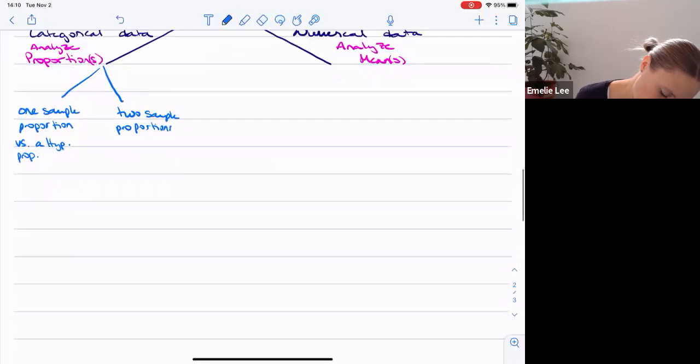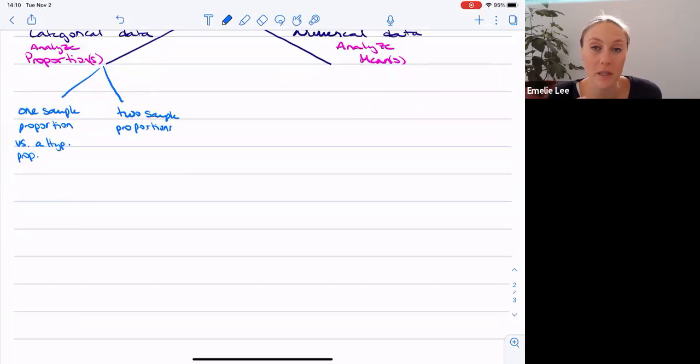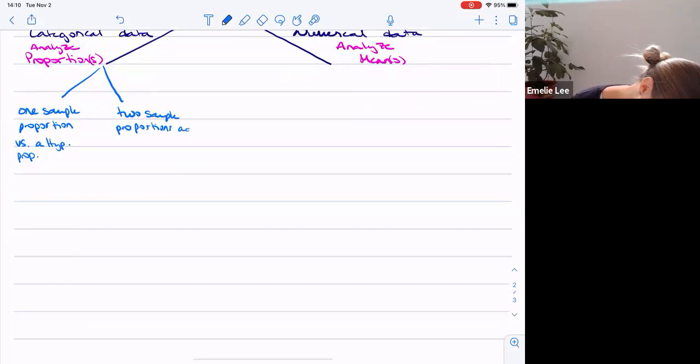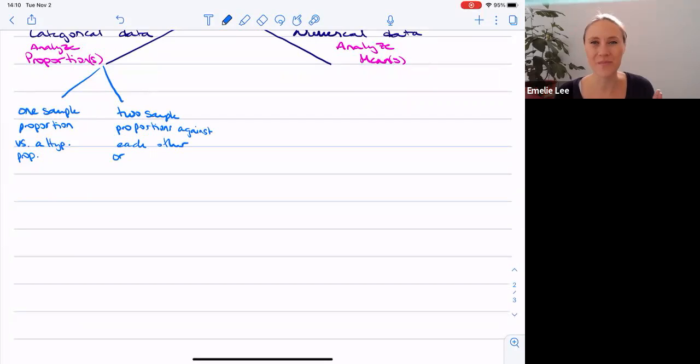Two sample proportions. We typically compare them against each other, or some value of the difference. That's pretty rare that we do that, but it does happen, so I just want to leave it open here.